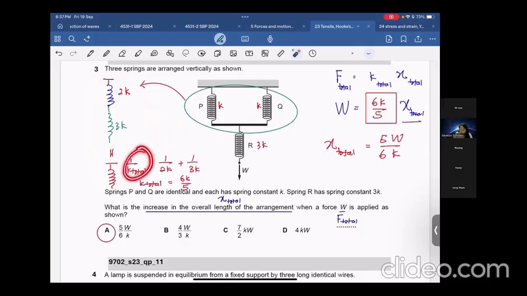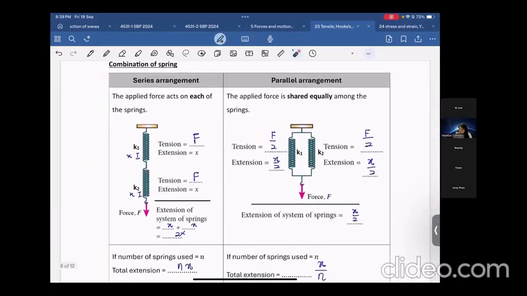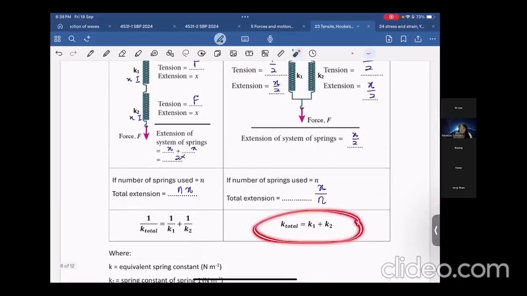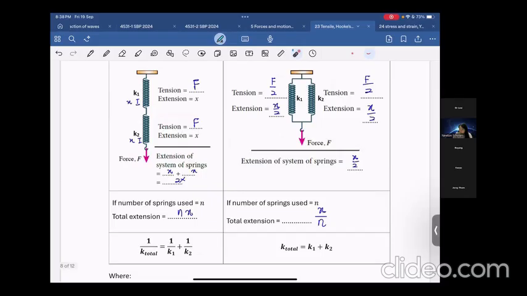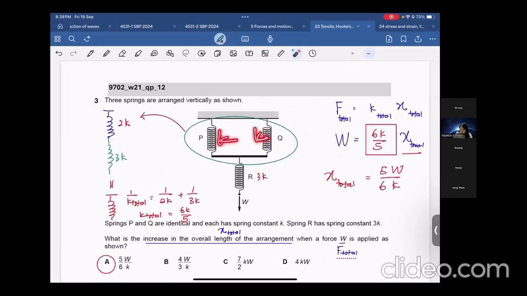It's because from here, I simplify to become a single spring. How can I become a single spring? Come back to here. If in parallel, our K is added up together. In parallel, K1, K2, we just add it up together. So we come back to this question. K in parallel, I just add it up, so I get 2K.